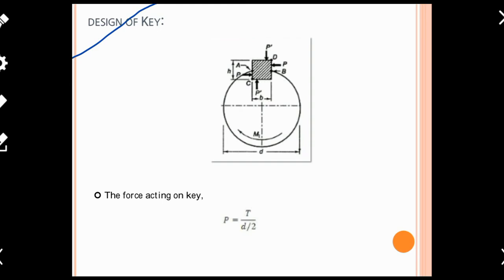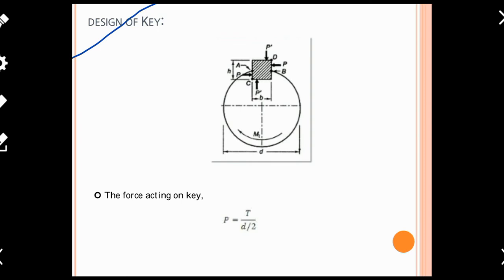So let's calculate the external force P. We know that the torque being transmitted by this shaft is T, and torque is always equal to force into perpendicular distance.